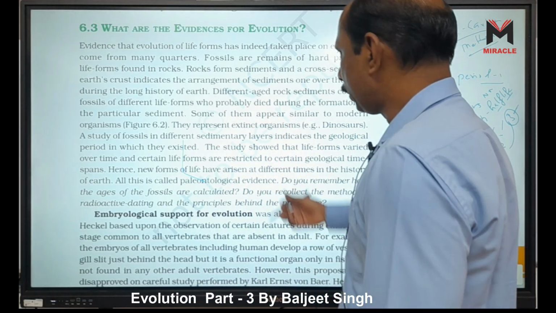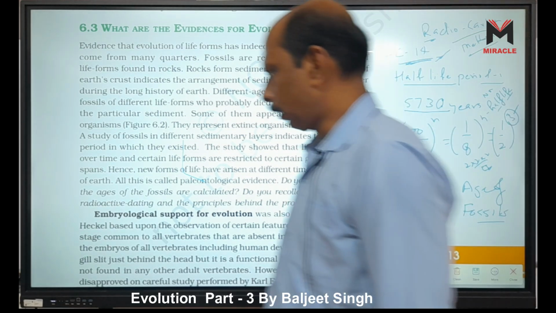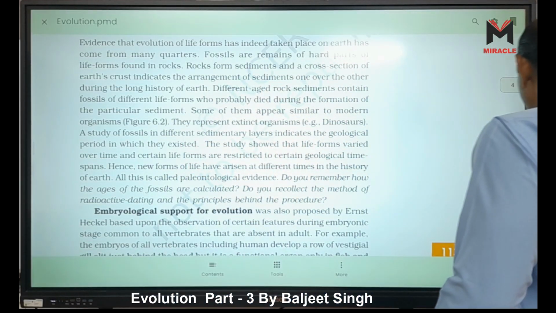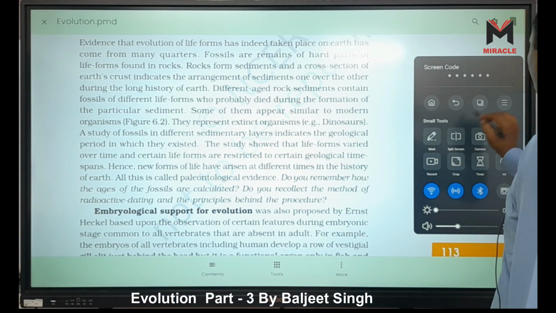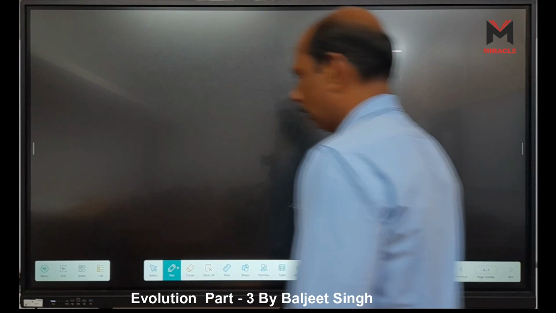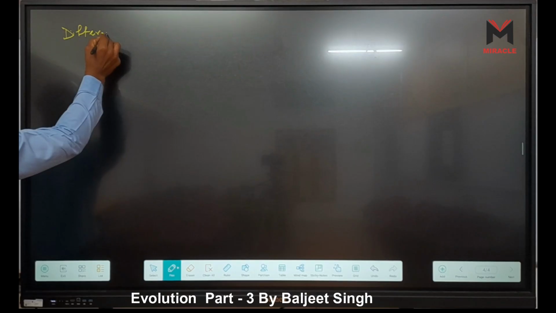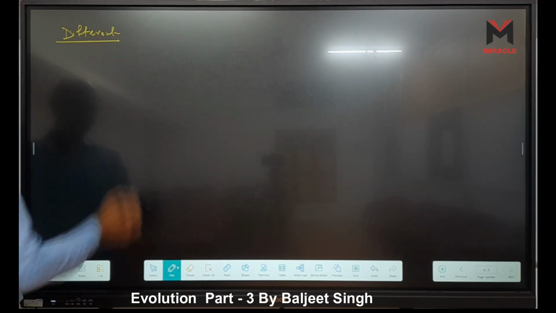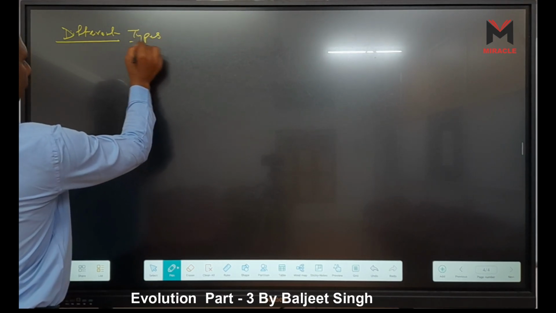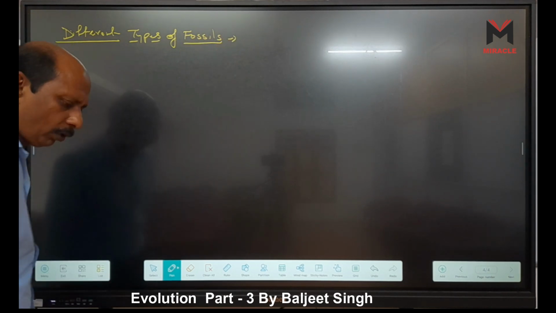Now first, what is given here? The evidences of fossils. So first I think I have to tell you about the different types of fossils.